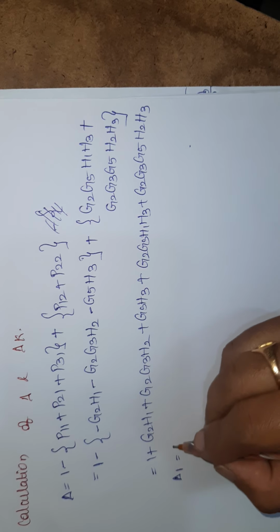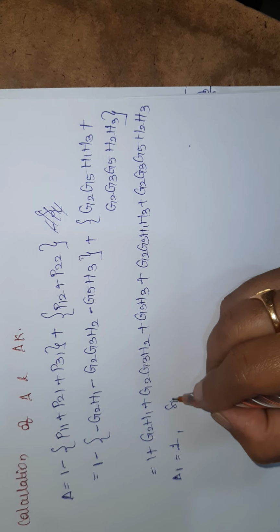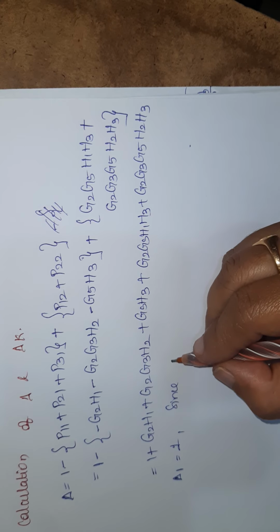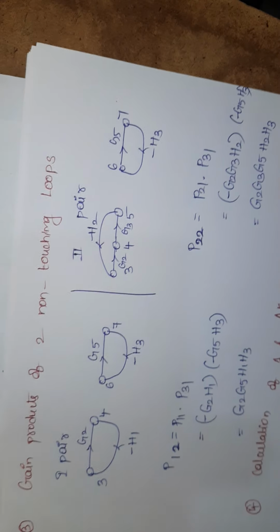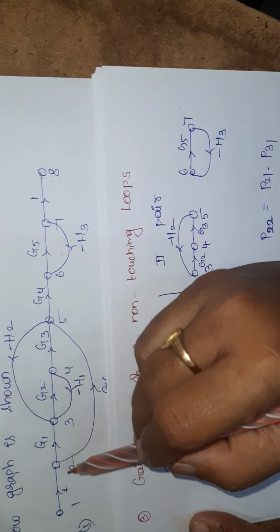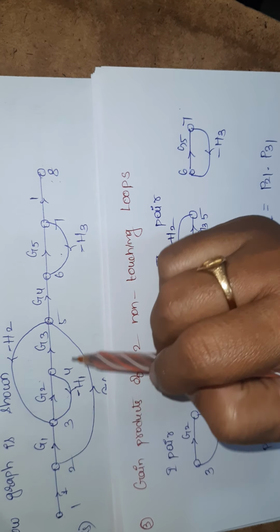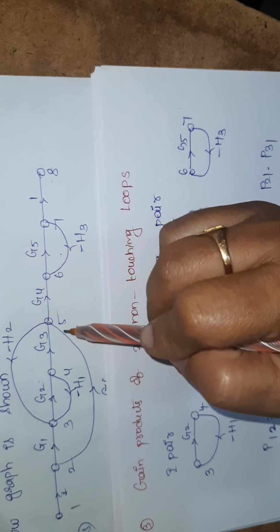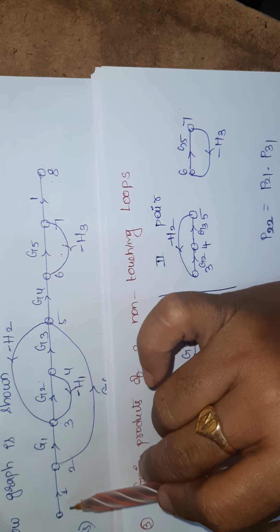So del 1 is equal to 1 here, since there is no part of the graph which is not touching the first forward path. We have to see whether we have any loops which are not touching the first forward path. What is the first forward path?